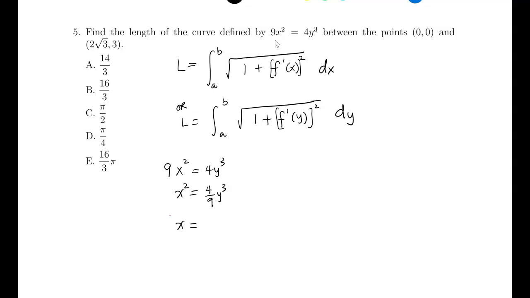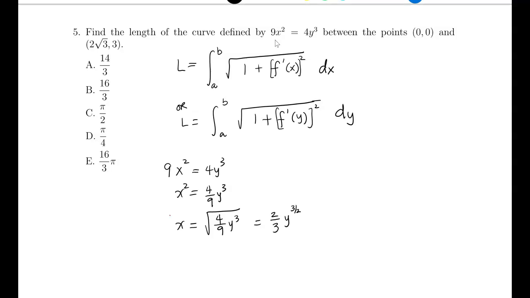So you will have the square root of 4 over 9 y cubed, and that is equal to 2 over 3 y to the 3 halves. So it's the square root of y cubed, that is y to the 3 halves. Now we have an explicit function that is in terms of y.